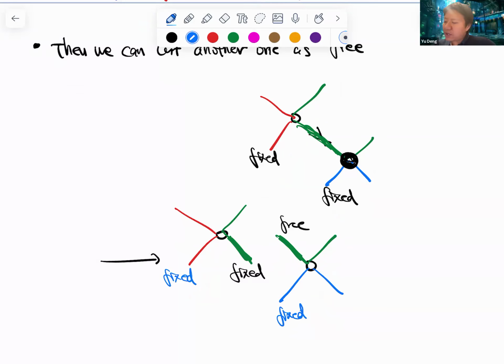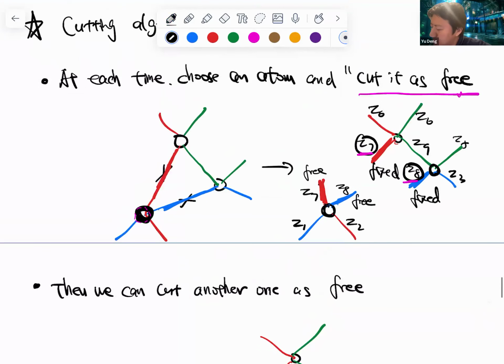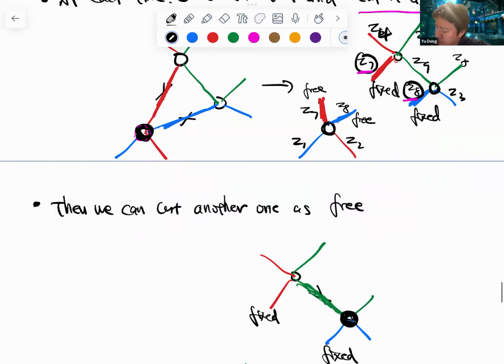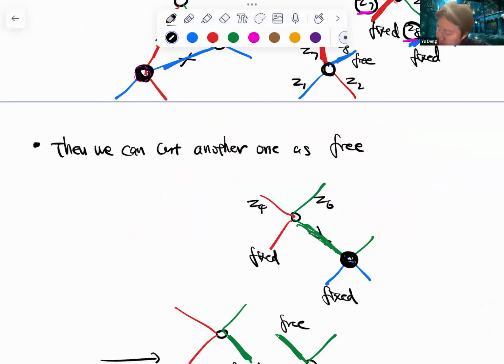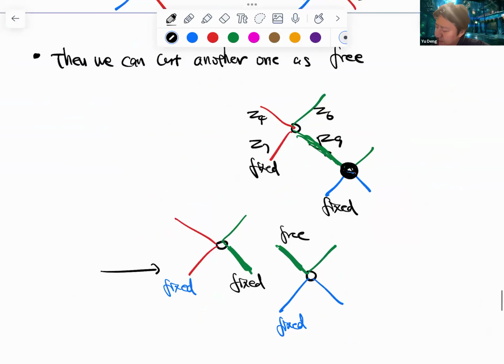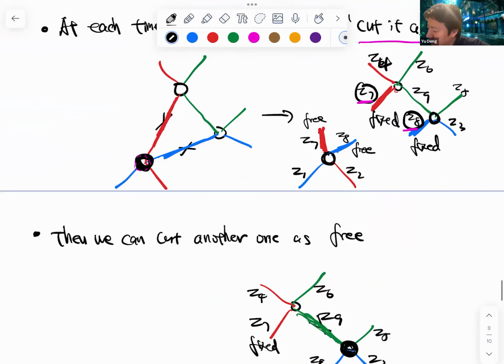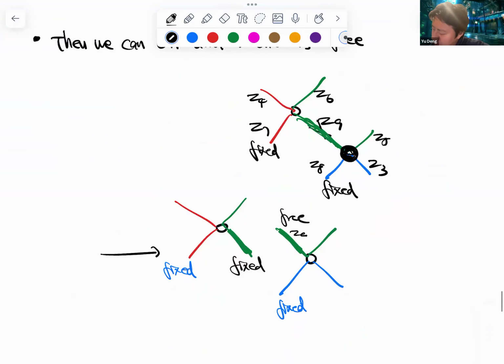Okay, so if we locate the variables, this is Z4, Z6, and this is Z7, Z9, and here this is Z5, Z8, Z3. And then this is Z9, Z5, Z8, Z3, and you have this is Z9, Z6, Z4, Z7.